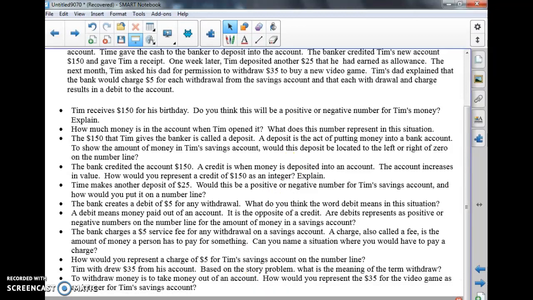To withdraw money is to take money out of an account. How would you represent the $35 for the video game as an integer for Tim's savings account? Hopefully you said it would be a negative integer, negative $35, because we're taking it out or subtracting it from his amount.